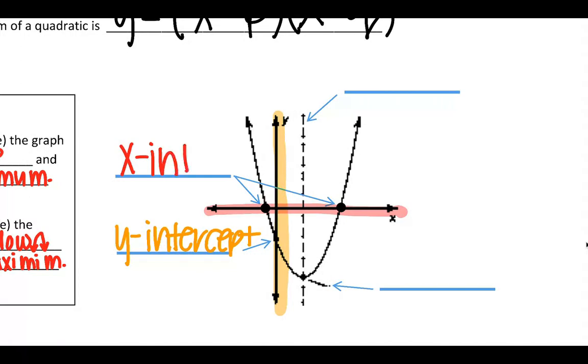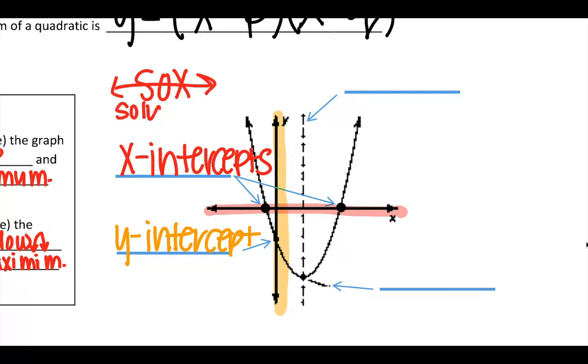And remember, other words would be solutions, zeros, or x-intercepts. All of those things mean the same thing. So if I ask you, what's the solution to this quadratic equation? Again, I'm asking you, where is it crossing that x-axis there?